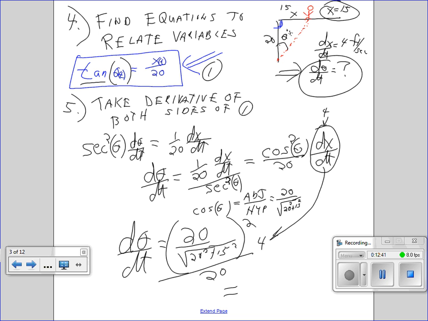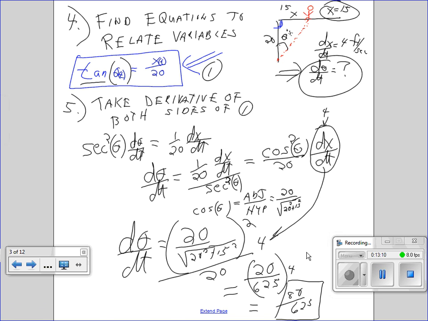And that's equal to what? That looks like it's going to be 20 over, I'm thinking 20 squared is 400, it looks like it's 625, times 4. I'm thinking this is 80 over 625. And we can reduce that a bit.